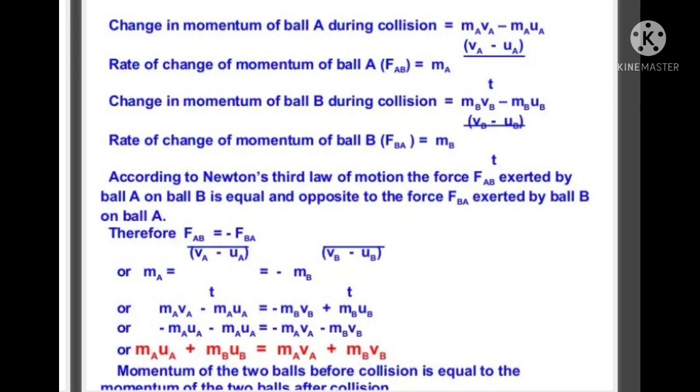That is, MA VA minus MA UA is equal to minus MB VB plus MB UB, or MA UA plus MB UB is equal to MA VA plus MB VB.